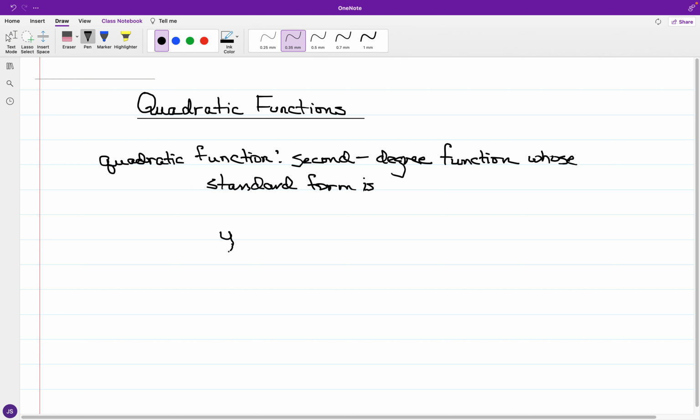So we're going to have that y is equal to f of x is equal to ax squared plus bx plus c.